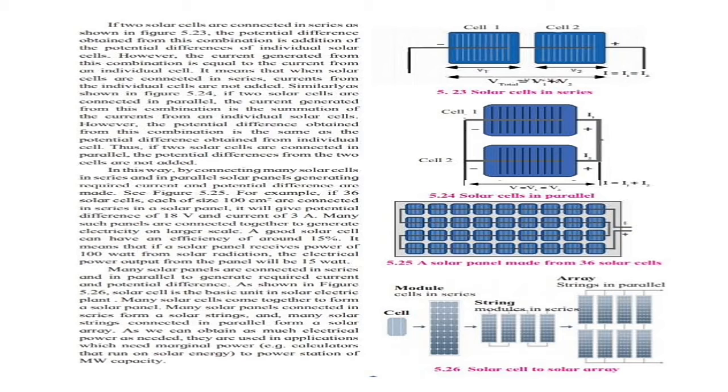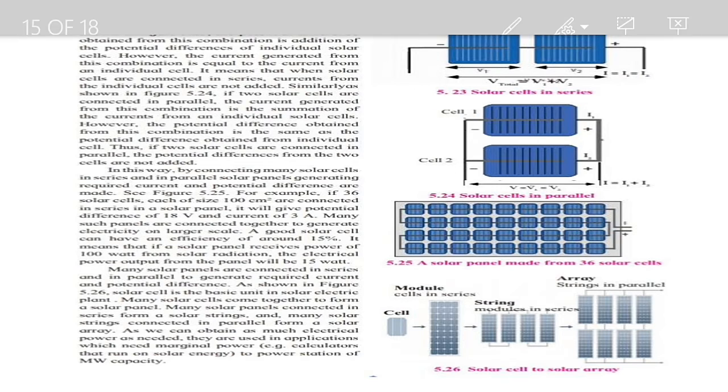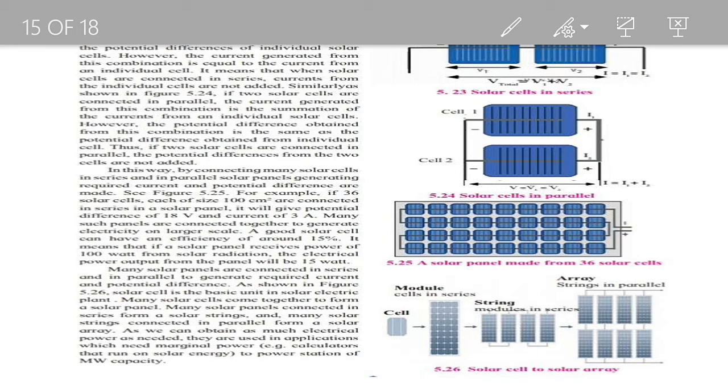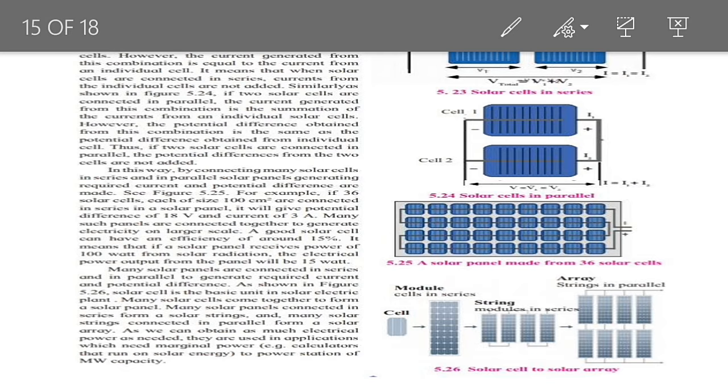Series solar photovoltaic cells are used to generate more potential difference, and parallel solar cells are used to generate less potential difference. Many solar panels are connected in series and in parallel to generate the required current and potential differences, as shown in the figure.